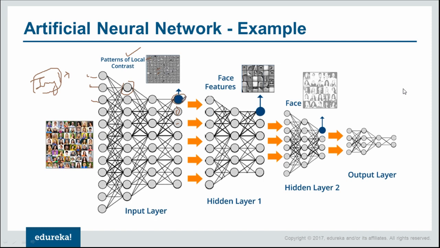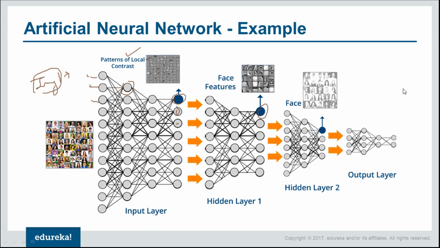And using these patterns, if I take it to further layers of neurons, then this layer they are showing here that it is able to create the features, right? So using each and every pixel, first of all we were able to generate little bit boundaries, and then merging those boundaries or local features, we are able to find out the face features, right?